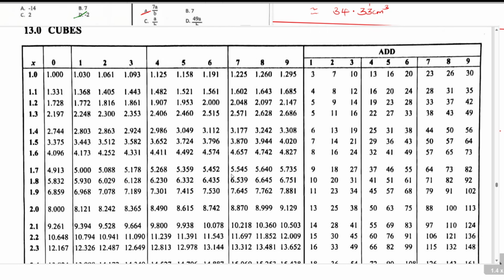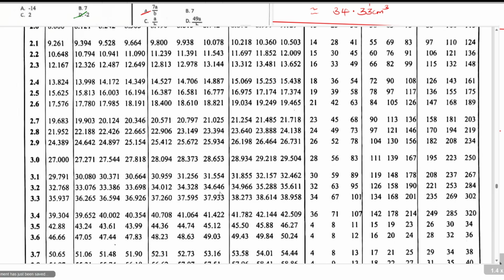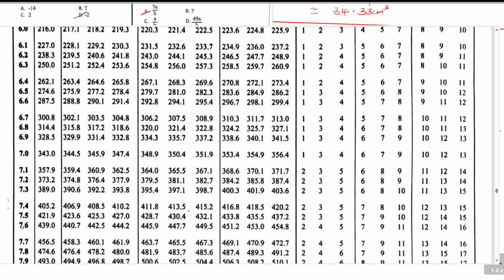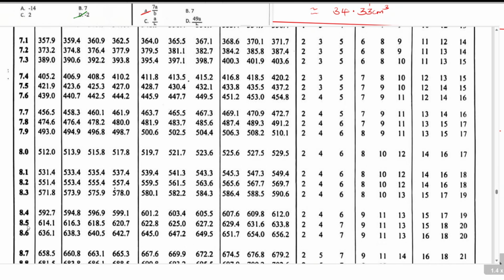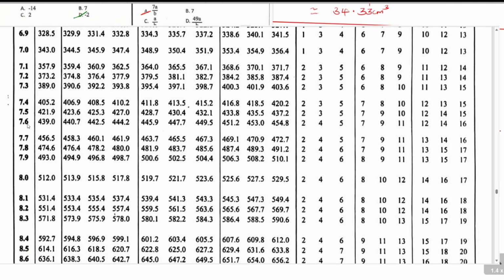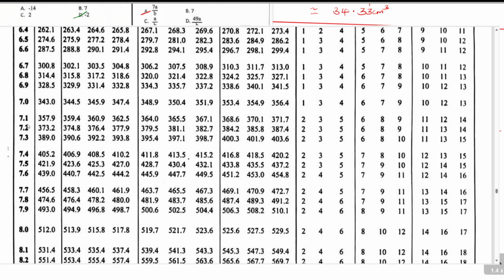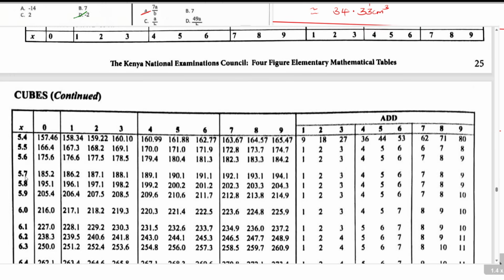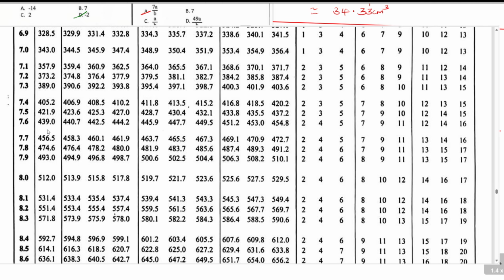So you want 7.604. You can see it is here. So 7.6. 0 is the first column.